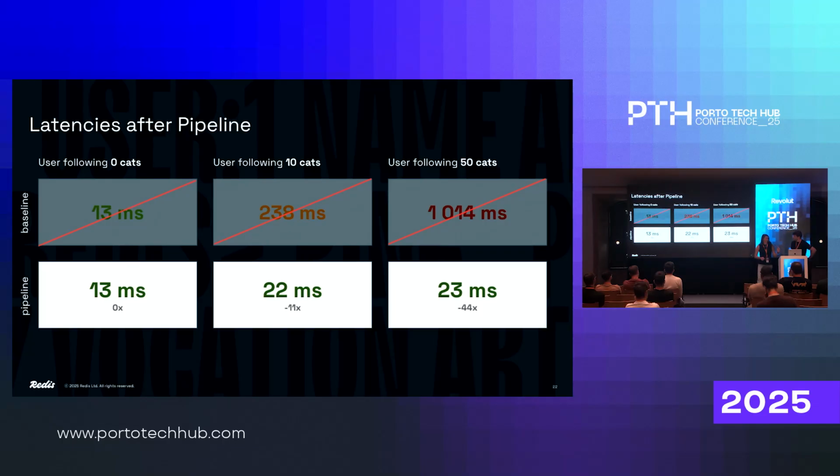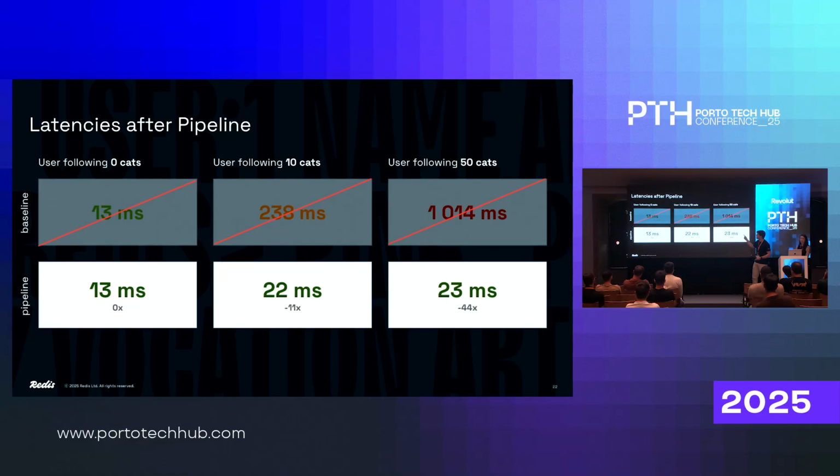Okay. And just like Elena was saying, we can see the results here, right? So by applying pipeline, of course, the user that follows 0 cats, the latency is exactly the same, right? Because we aren't pipelining at all, because we don't have any HMGet or scard, because we aren't looping. But as long as the user follows some cats, the improvement in latency is higher and higher, right?